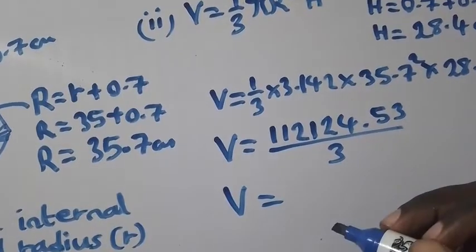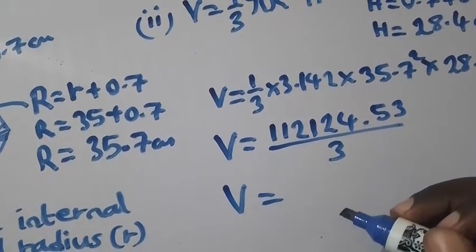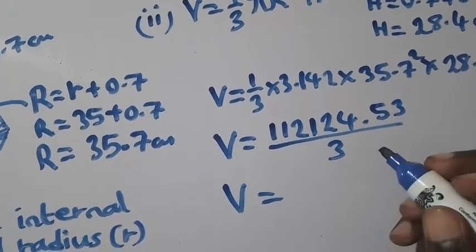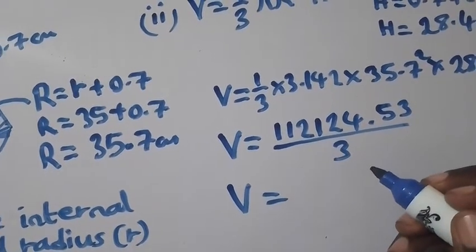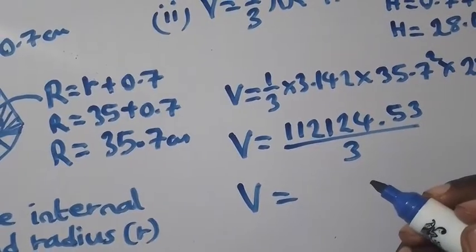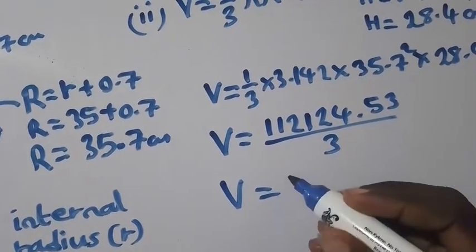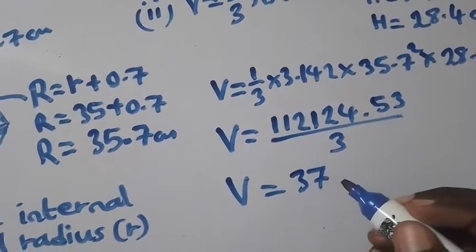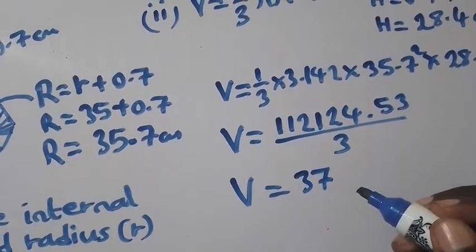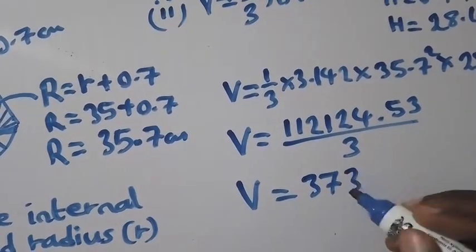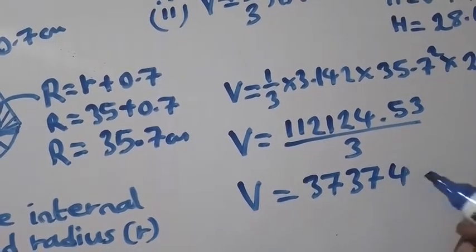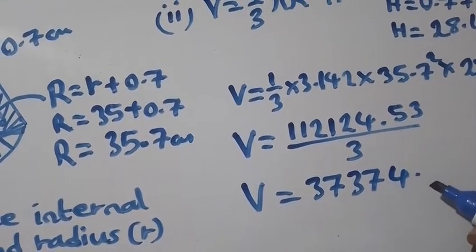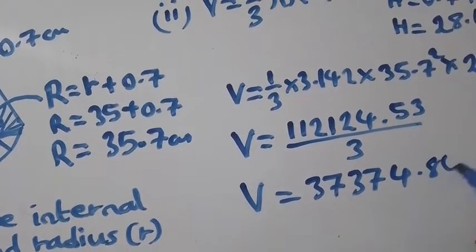So now if we divide 3 into 112,124.53, we are getting 37,374.84.